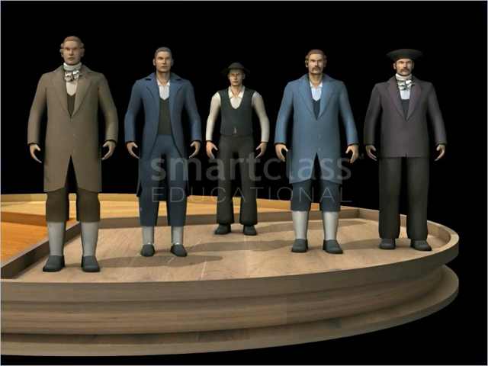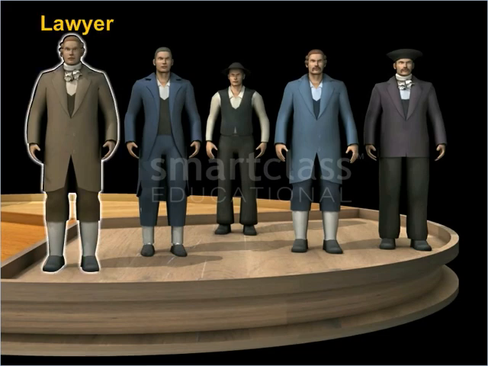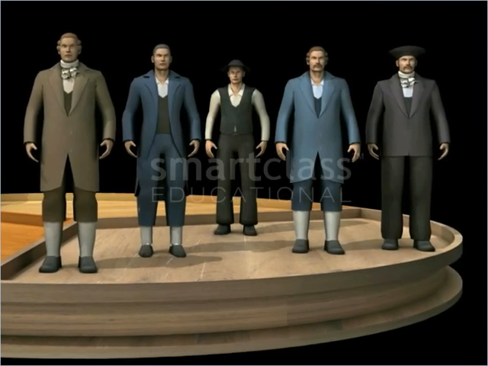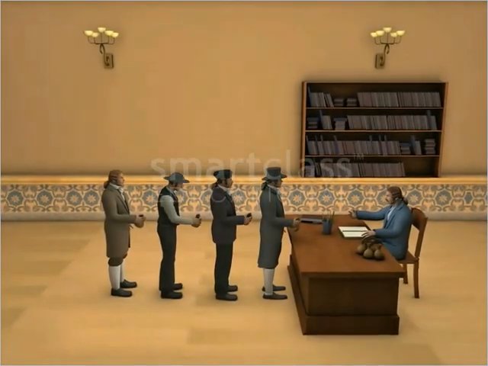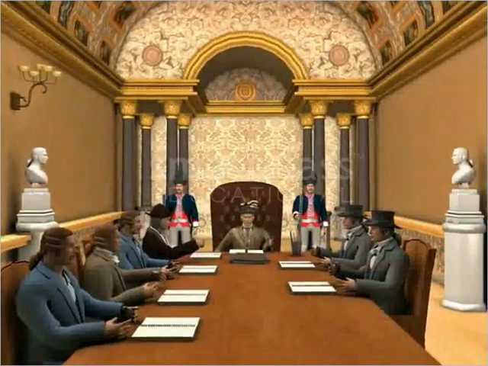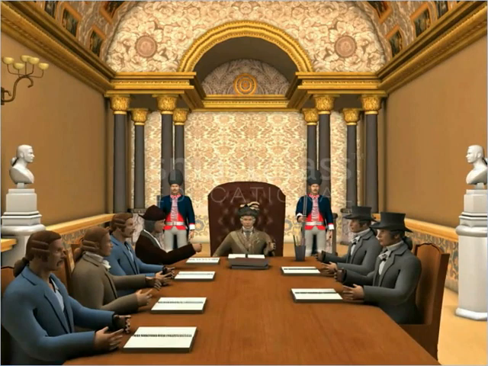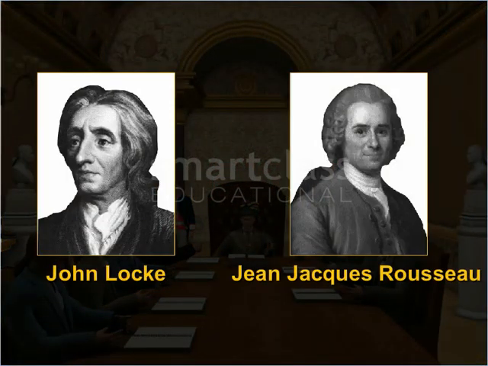This middle class included merchants, manufacturers and various professionals such as lawyers and administrative officials. The middle class of the third estate were educated and believed in a society based on equal laws, freedom and opportunities for all, irrespective of their birth. Philosophers such as John Locke and Jean-Jacques Rousseau carried such ideas forward.